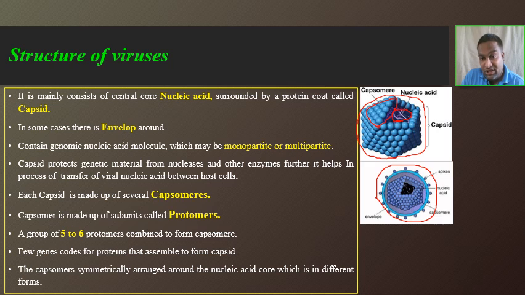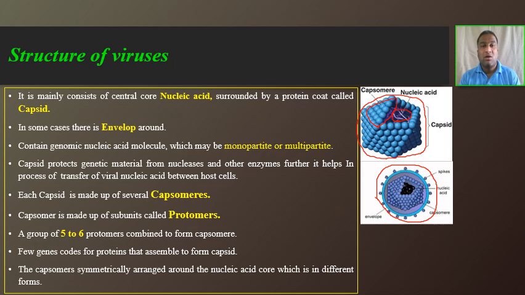The genetic material has genes which code for the assembling of the proteins to form a capsid, the capsomers symmetrically arranged around the nucleic acid core, which is in different forms.